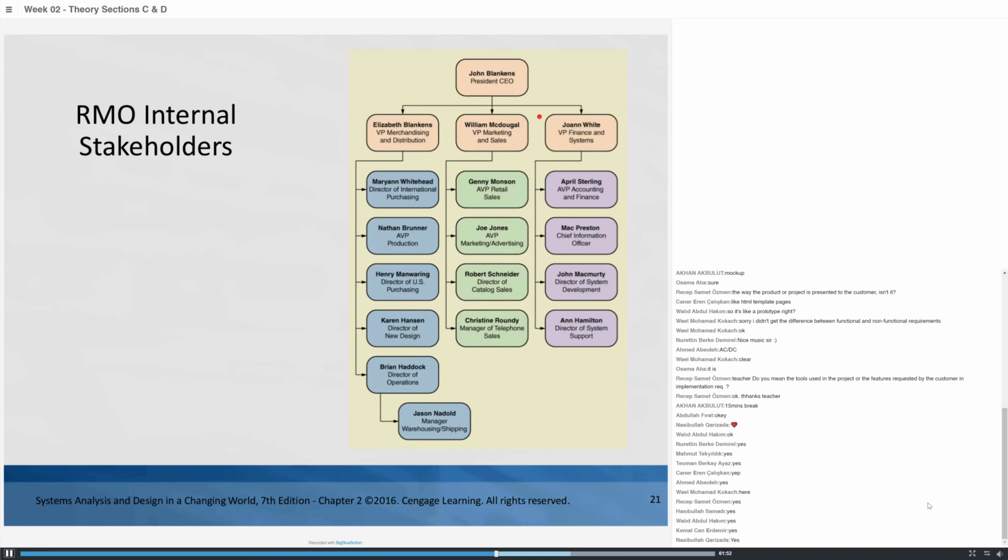On the other hand, Elizabeth Blankens, William McDougall, and John White. And this is for finance systems, this is for marketing, and this is for merchandising warehouse. And also middle level managers can be here.